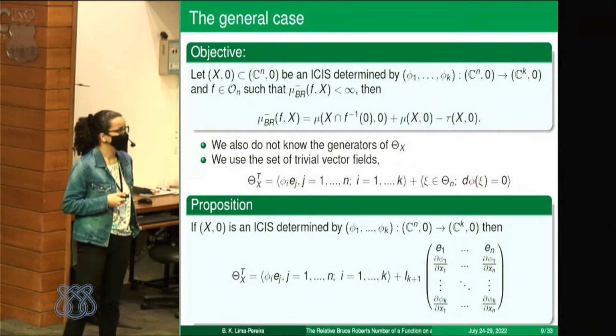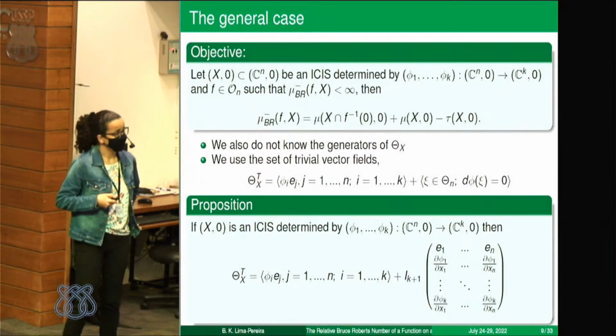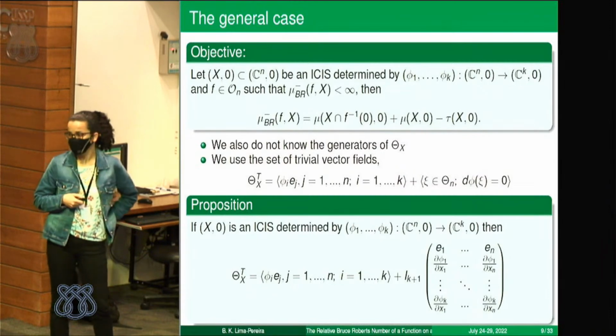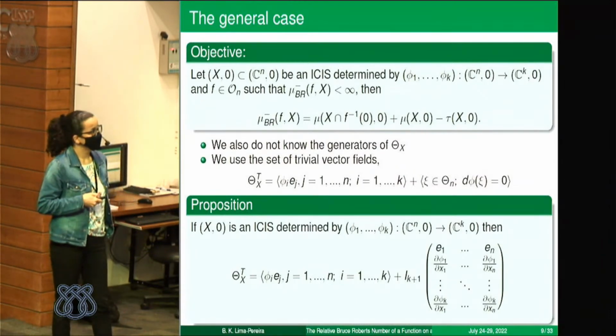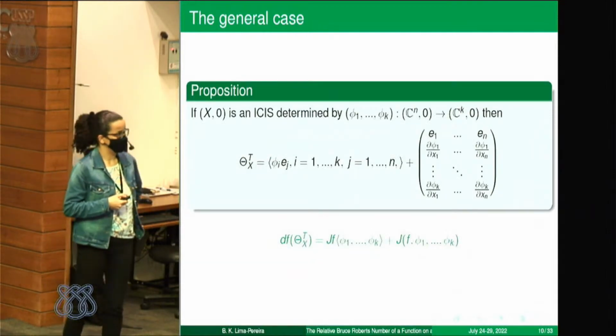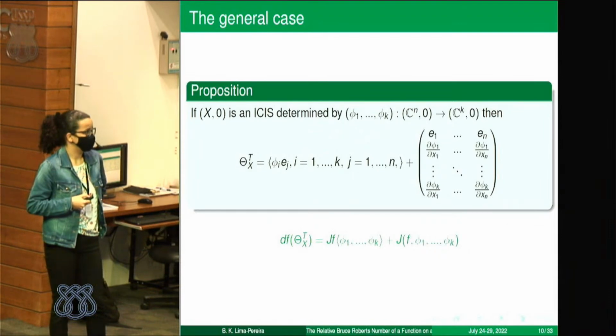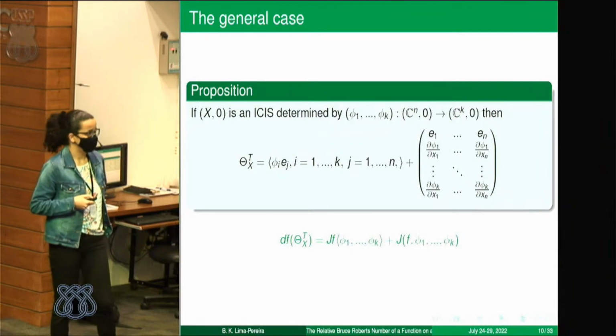So now theta X t is generated by these vector fields and the minors of the maximum order of this matrix. With this characterization, we have that this ideal df theta X t is equal to this sum for any function f.